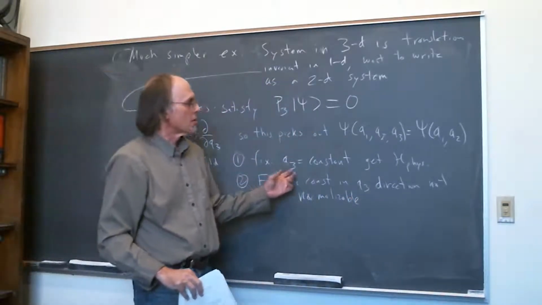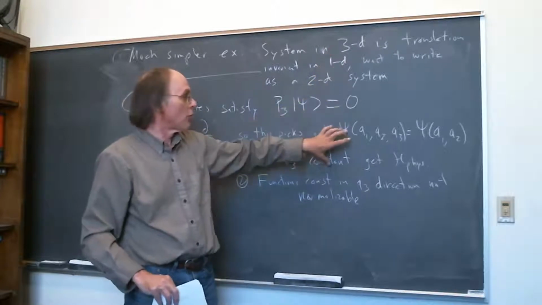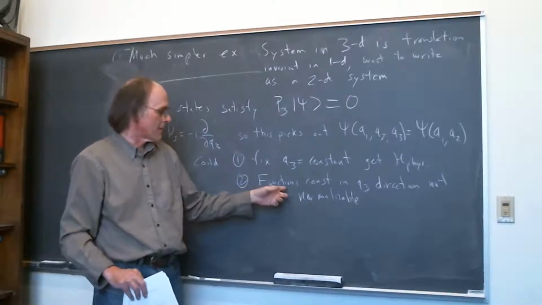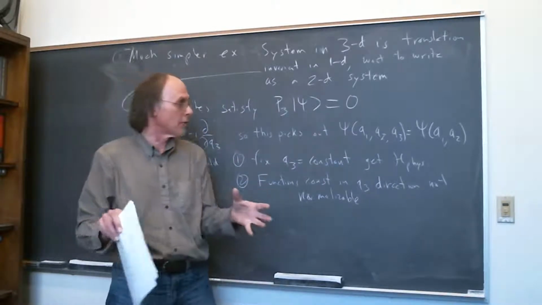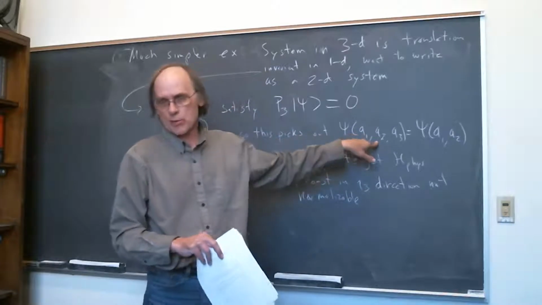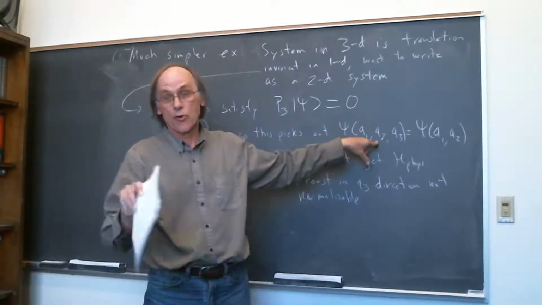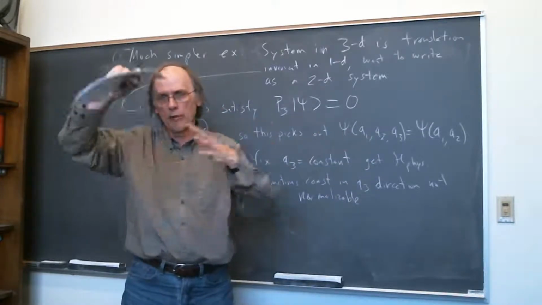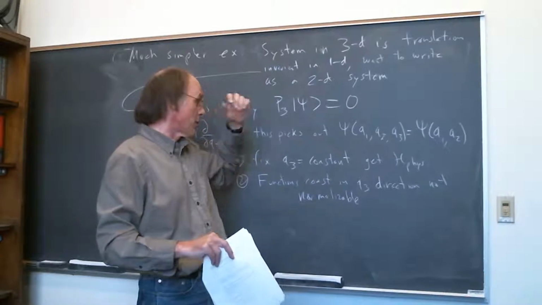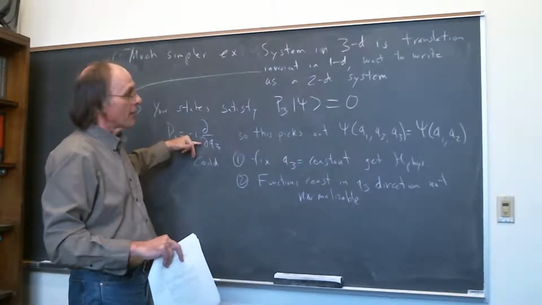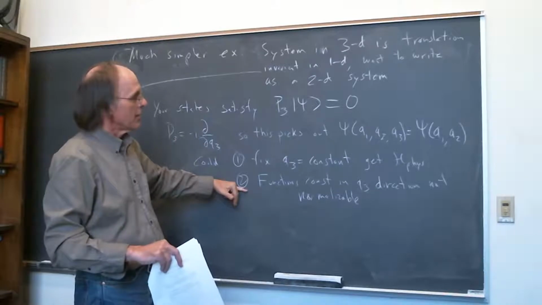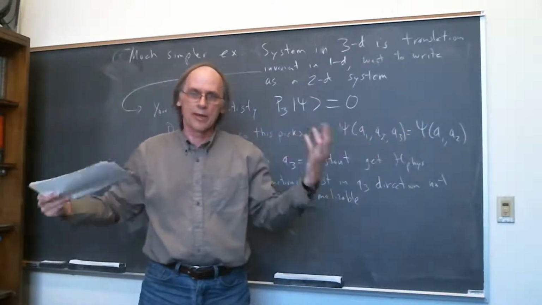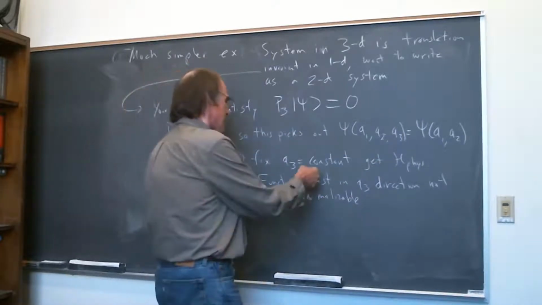If you're working in configuration space, you could try to do this, but the main problem you're going to have is this. If your H was all of these with a standard norm, that norm is integrating over R3. If you pick out the invariant things in here, those things are going to be constant in one direction. They're going to go out to infinity. They're going to have infinite norm. So there's this technical problem.